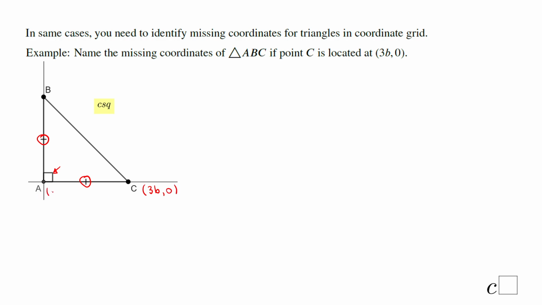Obviously the point A is at 0 and 0, and the point B here will be at 0 and 3B. Why? Because one more time we notice these two legs of this right triangle, isosceles triangle, either way, are congruent, so they have the same measure. AB will also be 3B units like AC, which is also 3B units.